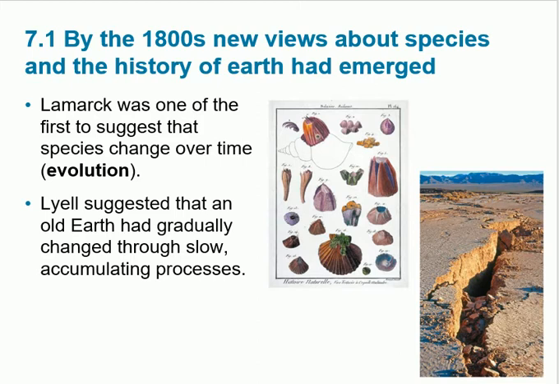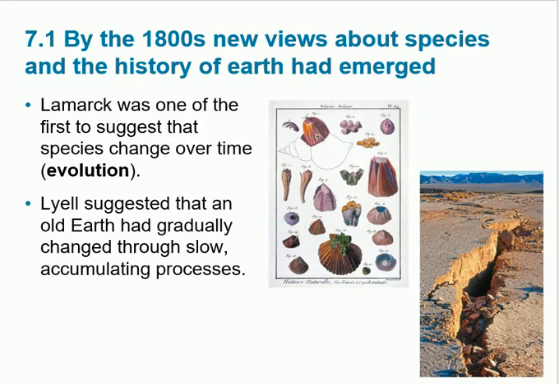Another two scientists that you need to remember, Lamarck and Lyell. Lamarck is the one who said that species change over time. So he put this theory, which introduced evolution, which turned out to be true.